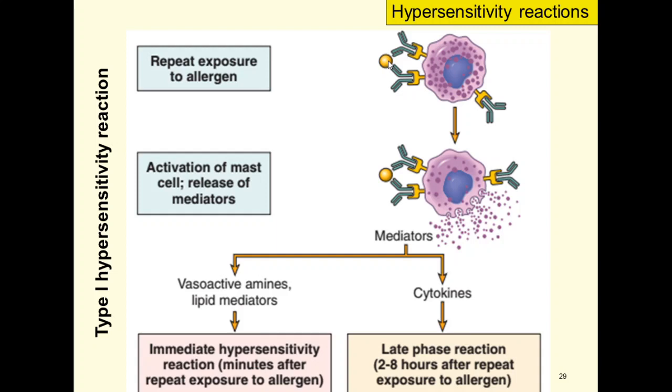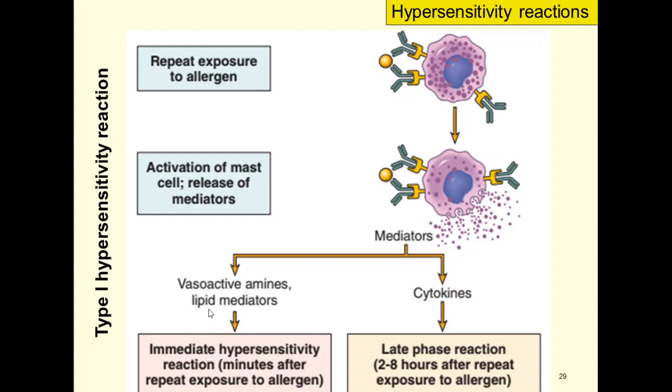So, what do we have? Again, the same allergen binds with immunoglobulins E on the surface of the mast cell, and this mast cell produces a lot of mediators. The most important is histamine.